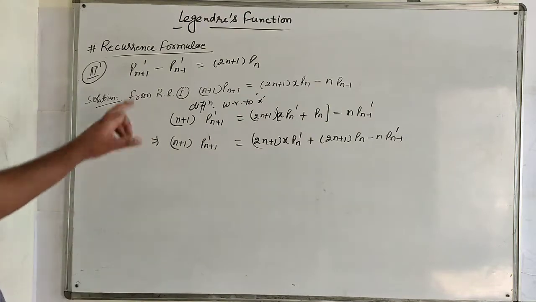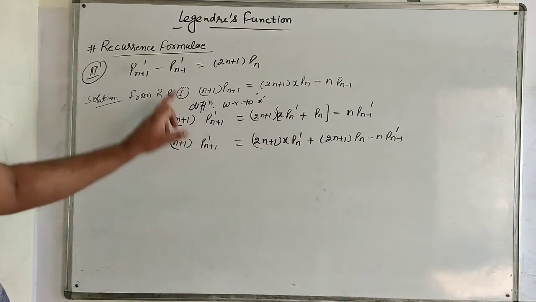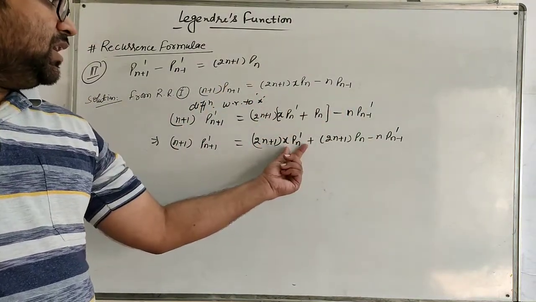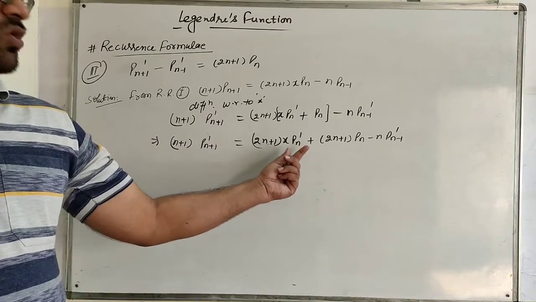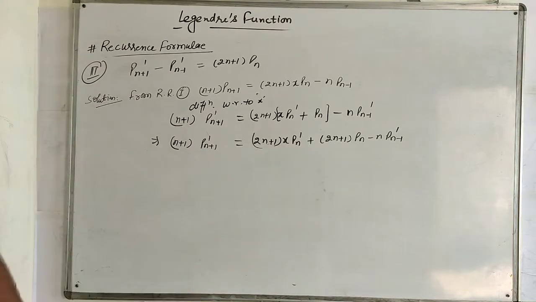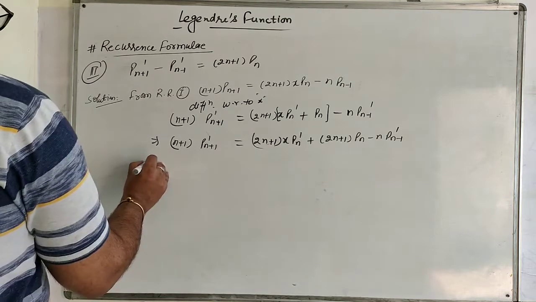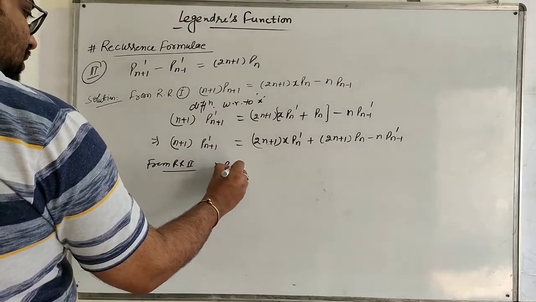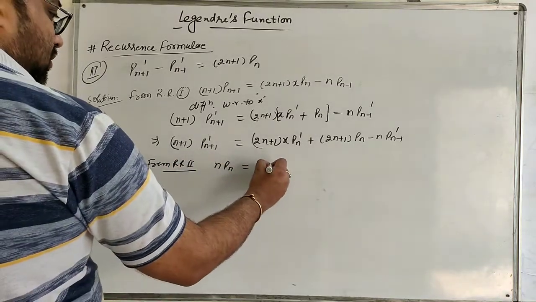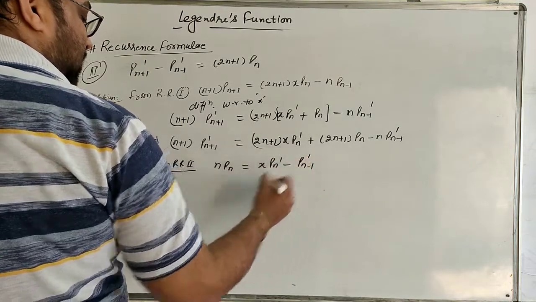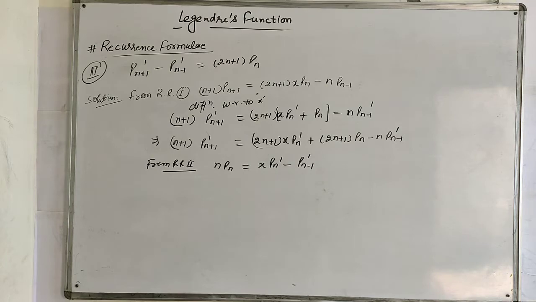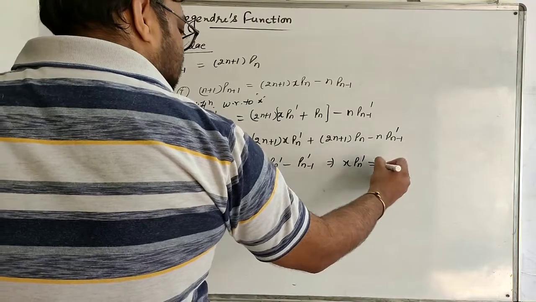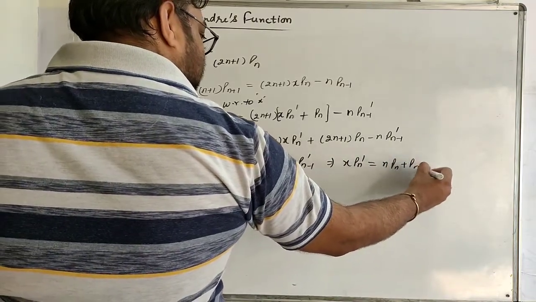Now see, we required Pn+1', this is Pn-1', this is also there, and Pn which is also there, but Pn' is also in extra form. So we have to remove this, and to remove this we require the second Lagrange formula. From Lagrange relation second, n Pn = x Pn' - Pn-1', or we can find the value of x Pn' which is equal to n Pn + Pn-1'.